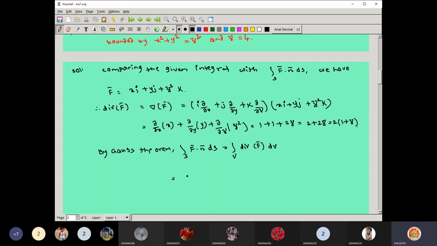Volume integral means you should write the x integral, next the y integral, and here the z integral. Divergence of f bar is 2 times 1 plus z, and dV stands for dx dy dz. So our main problem is the x, y, z limits. To get the limits, they have given a clue: the surface is bounded by x squared plus y squared equals z squared, and z equals 4. As per that, generally we are going to focus only on the positive side.